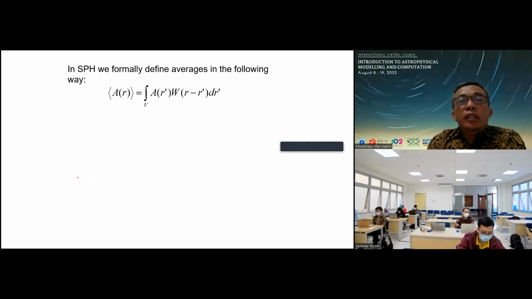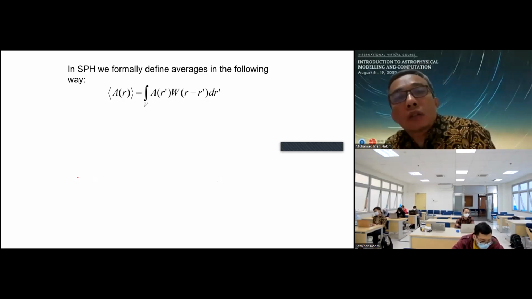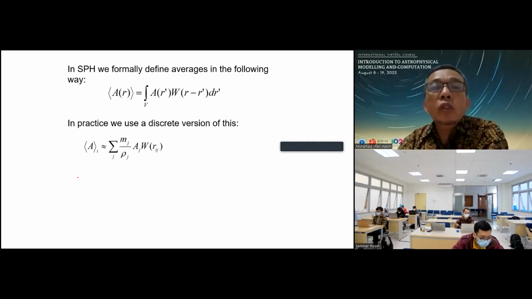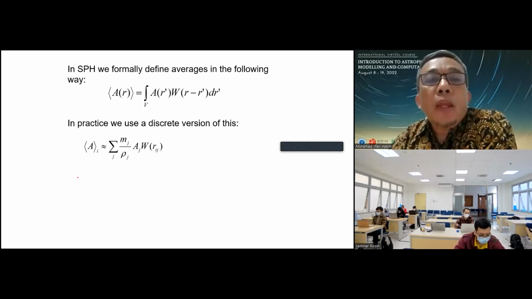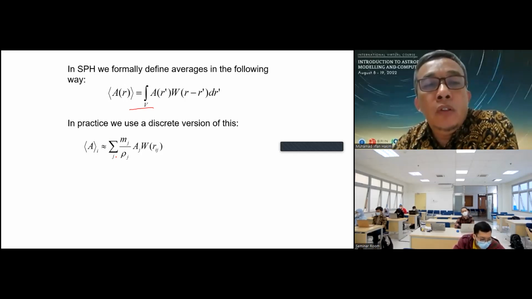We can rewrite the average, the value of A replaced by average value of A here. And we approximate this integral function by summation, sum over j here.